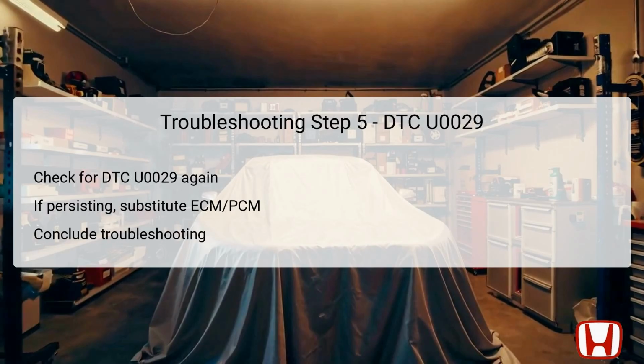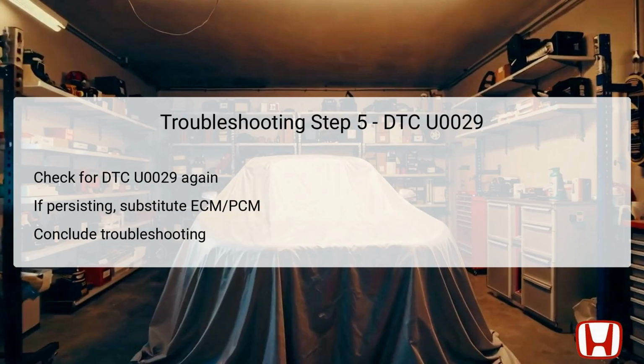The final troubleshooting step involves rechecking for the presence of DTC U0029 after any software updates or ECM/PCM substitutions. If U0029 is indicated again and you've updated the software, you'll need to substitute in a known good ECM or PCM, as this confirms the software update did not resolve the issue.